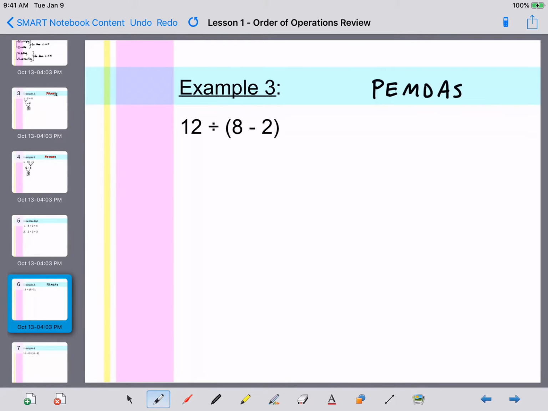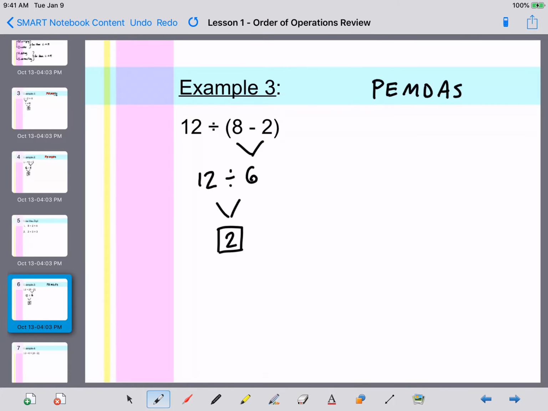So we're going to start with the operation inside of parentheses, which is 8 minus 2, which gives us 6. And now we drop down the rest of the problem, 12 divided by 6. That is division, so that's our only operation left. 12 divided by 6 gives us 2. And our result then is 2 for this problem.